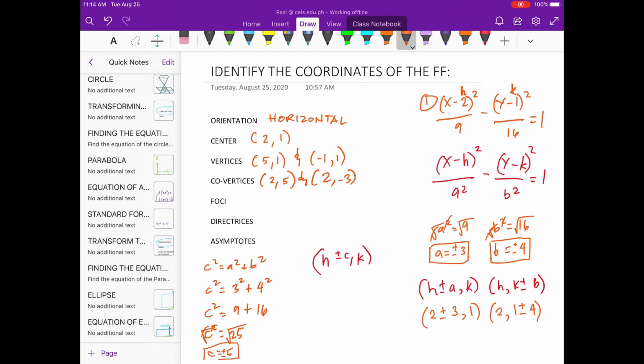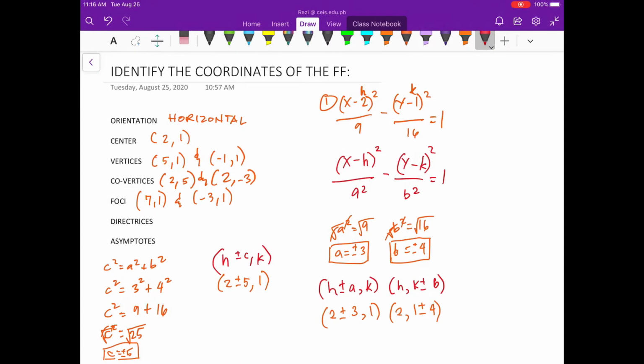Substitute the value of c we have. So our foci are 2 plus 5 is 7, 1, and the other one 2 minus 5 is -3, 1.